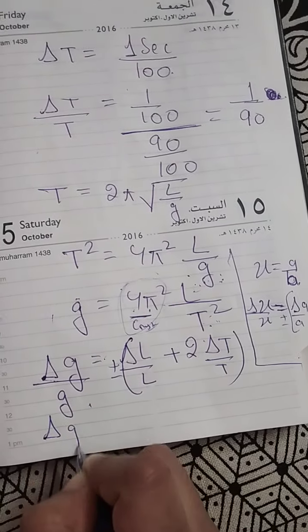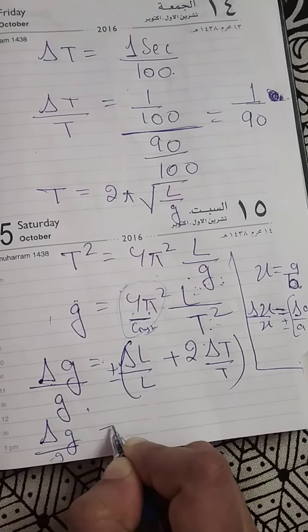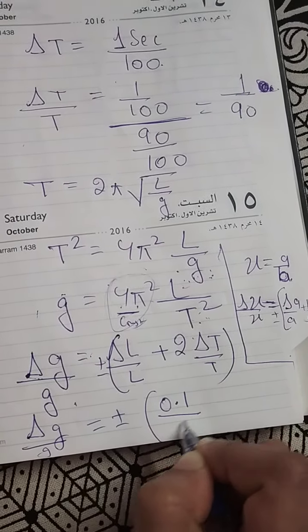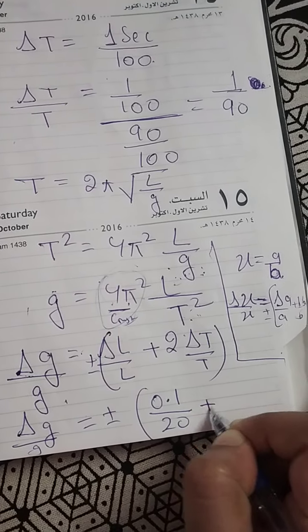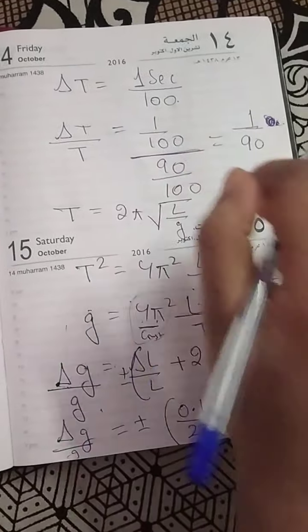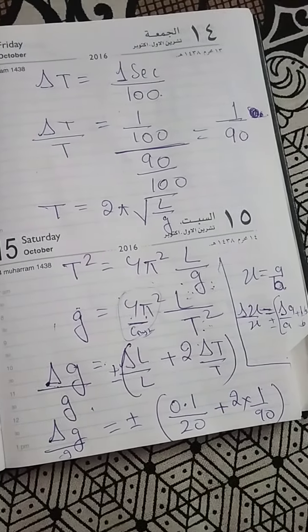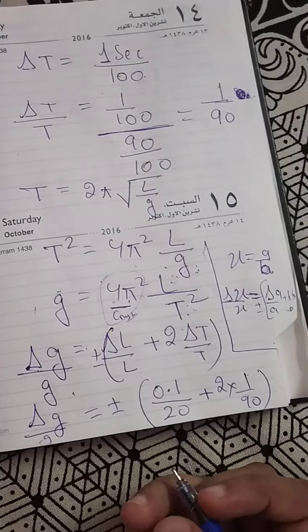Now what you have to do is directly put delta g over g equals plus minus delta L, which is 0.1, divided by L, which is 20, plus 2 into delta T over T, which is 1 upon 90. And if you want it in terms of percentage, just multiply it by 100.